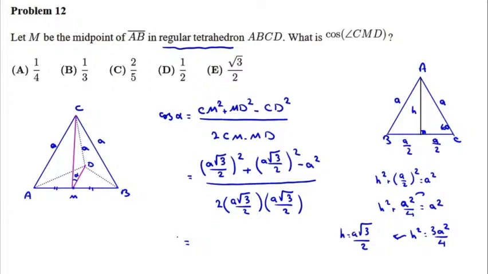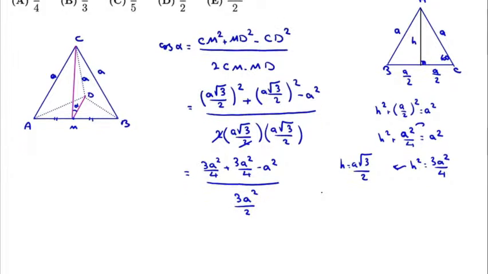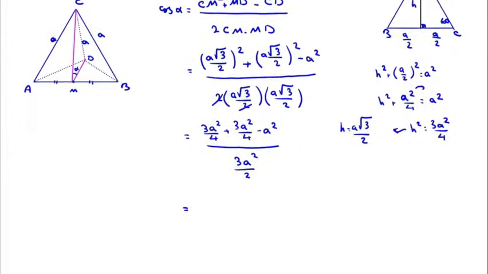So let's calculate this. In the numerator, it will be 3a squared over 4 plus 3a squared over 4 minus a squared, all over 2 times this. It will be 3a squared over 2. So let's multiply both numerator and denominator by 4.